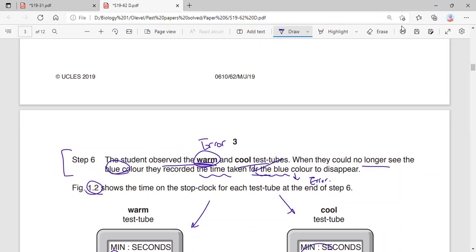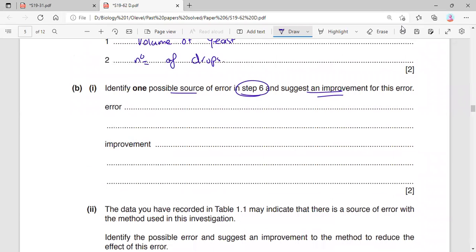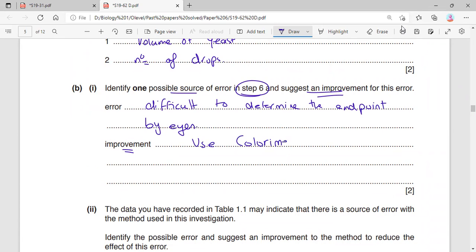Yes, it is difficult to determine the end point when the color changed. So you should use a colorimeter. Okay, so difficult to determine the end point by eyes. What is the improvement? Use colorimeter.